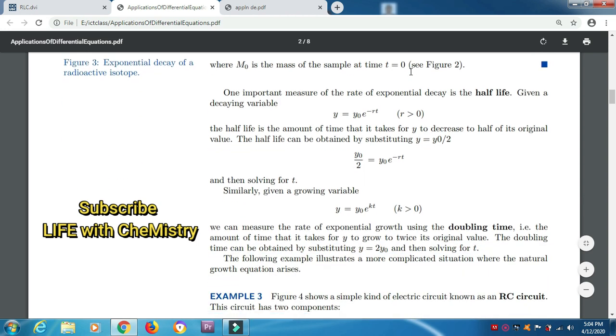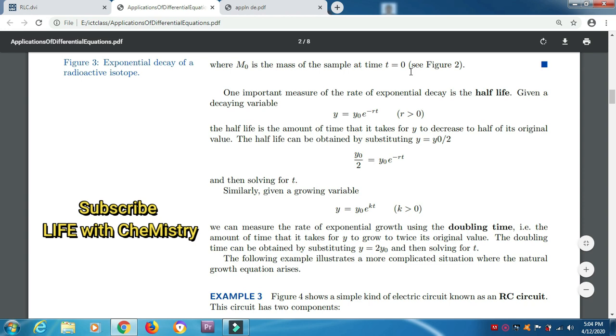In the previous case we discussed the half-life, where we considered y equal to y naught by 2.